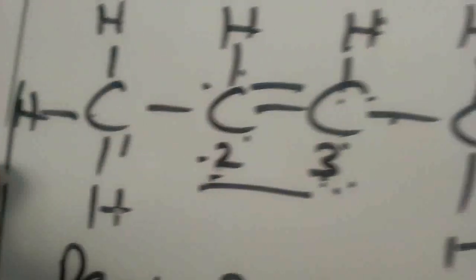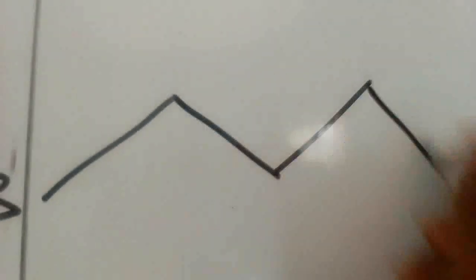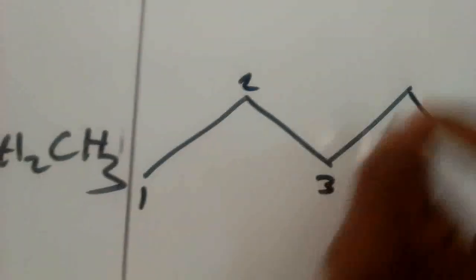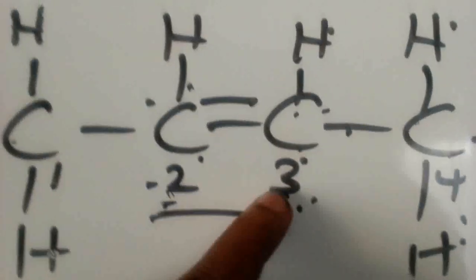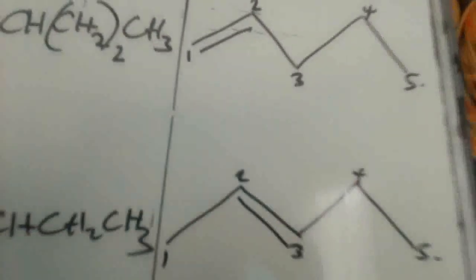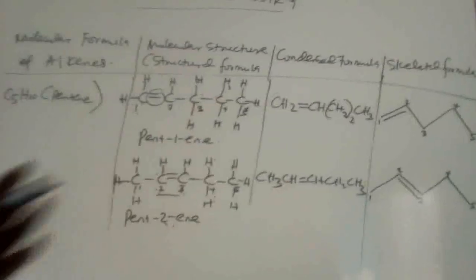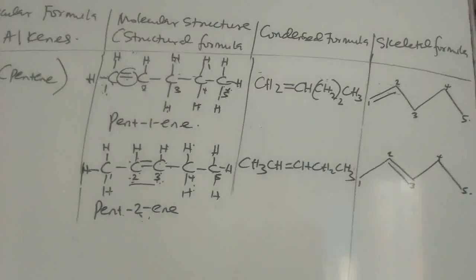Then coming to this one, the skeletal structure, we move to this side: 1, 2, 3, 4, 5. Where do I have the double bond? The double bond occurs between carbon number 2 and 3. We go to the structure and insert the bond. So you can see the differences: the two isomers have the same molecular formula but different structural formula and also different skeletal formula. You can watch what we have done on the board.